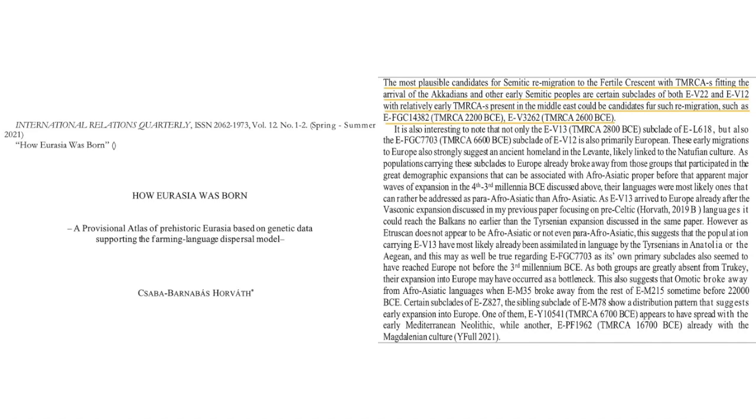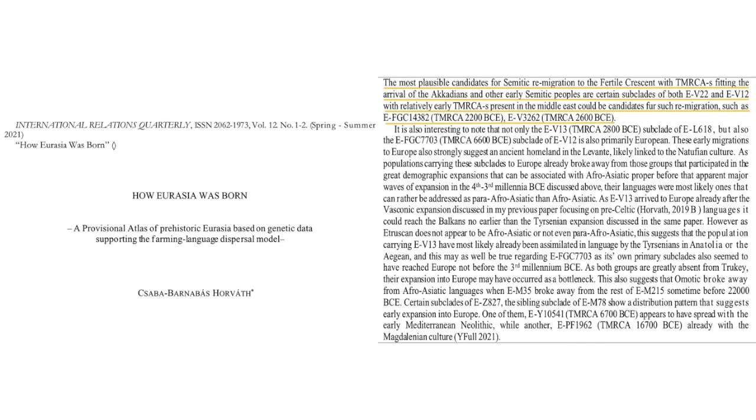And this fits with E. This is from How Eurasia Was Born, and it reads, the most plausible candidates for Semitic remigration to the Fertile Crescent, with TMRCAs fitting the arrival of the Akkadians and other early Semitic peoples, are certain subclades of both E-V22 and E-V12, with relatively early TMRCAs present in the Middle East, could be candidates for such remigration, such as E-FGC14382, TMRCAs 2200 BC, and E-V3262, TMRCAs 2600 BCE.